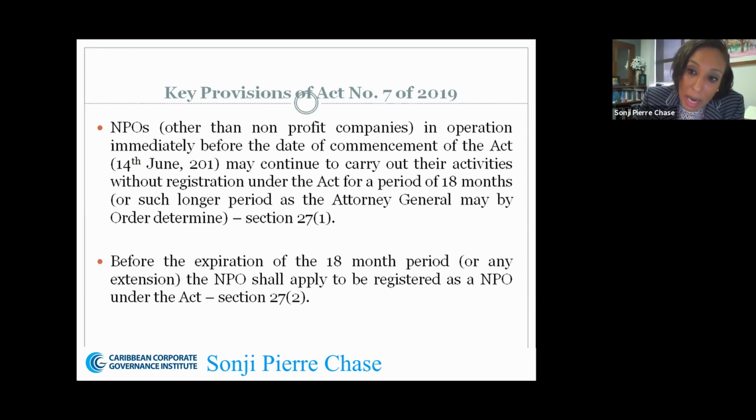You could have still carried out your activities as a non-profit group for 18 months after commencement. But after that 18-month period, you have to make sure and get your business in order, because it is an offense to carry out business of a non-profit organization without being registered. It is an offense to solicit money on the pretext that you are a non-profit organization without being registered.